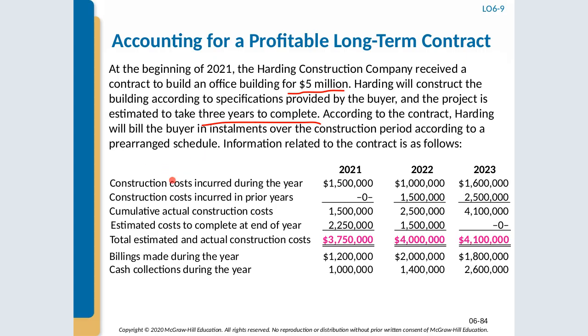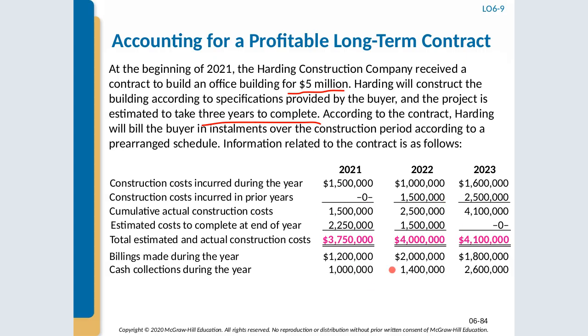We're looking at the costs that we have incurred year to date versus the total cost that we're estimating for this project. Okay, so when contractors come up with this revenue, they have also estimated the costs. That's a bit troublesome, because you have a long term, and anything could happen.